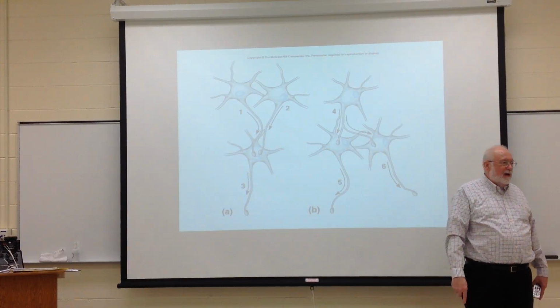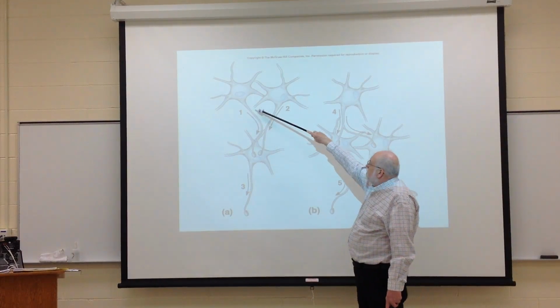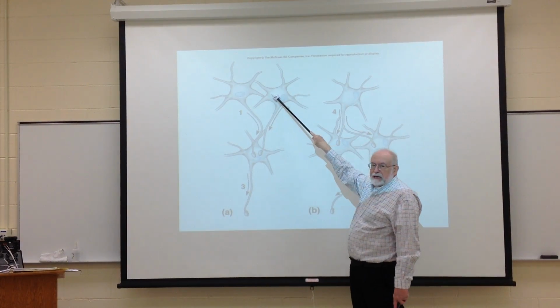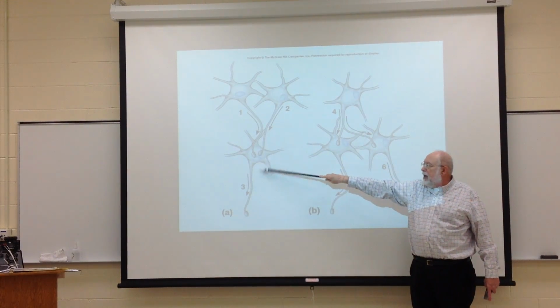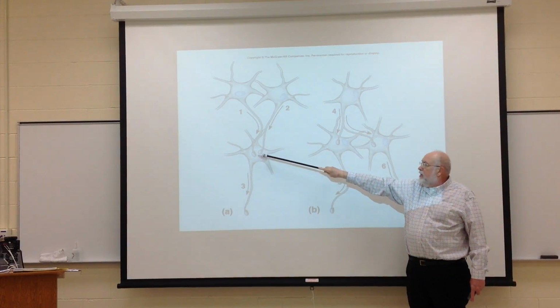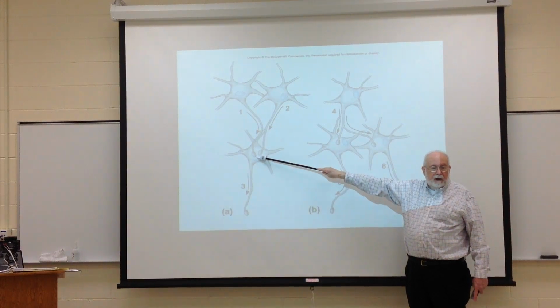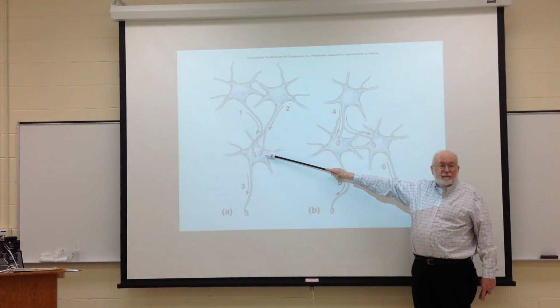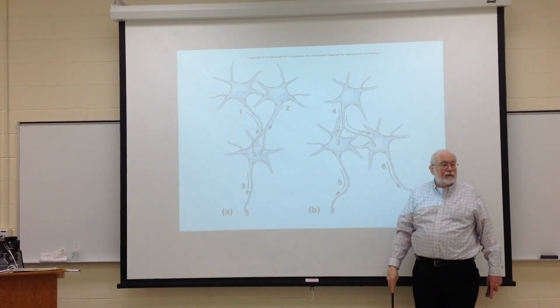Here's a diagram. A would be convergence. Look at that. 1 and 2, presynaptic neurons. They're synapsing with a single postsynaptic neuron, number 3. All right? Either one of these supplies a threshold stimulus, or both of them give us a subthreshold stimulus that sums, and that generates an action potential or propagates.